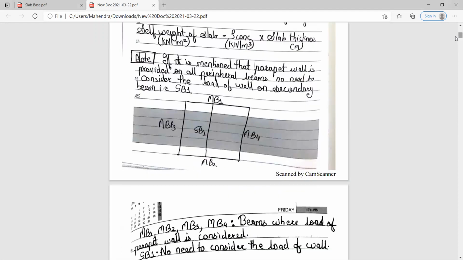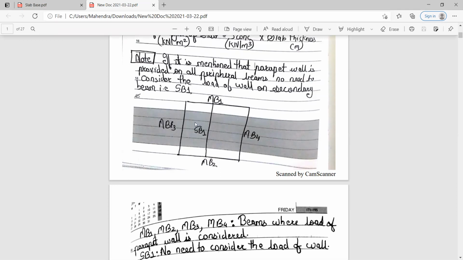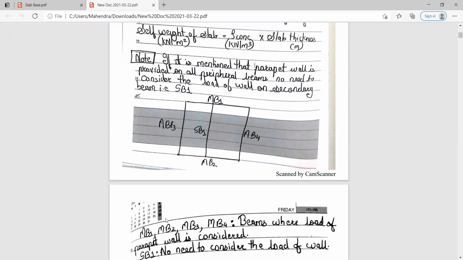So if the parapet wall is provided on all the beams, there is no need to consider the load of the wall on the secondary beam, that is SB1. SB1 is nothing but the secondary beam, so the wall load will not come on it. The beams MB1, MB2, MB3 and MB4, only these 4 beams are the ones on which the parapet wall load will be considered. The one in the middle is SB1, that is nothing but the secondary beam.